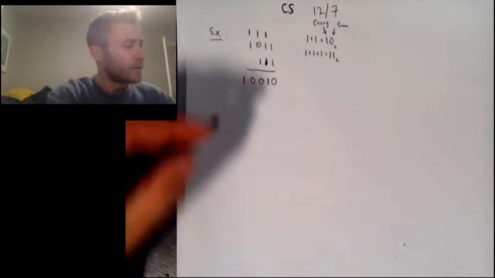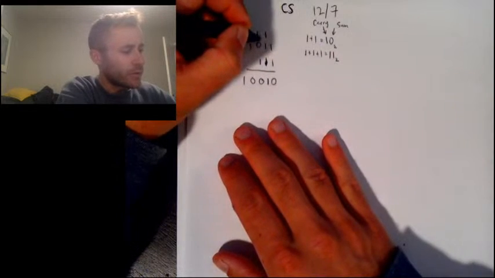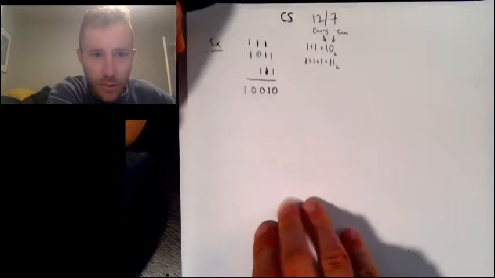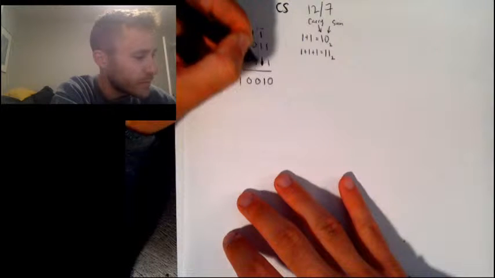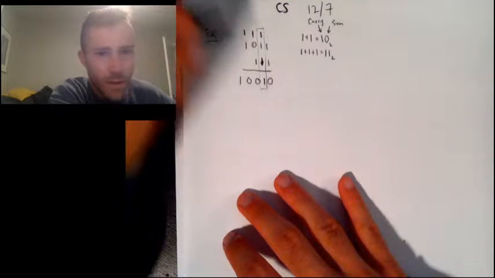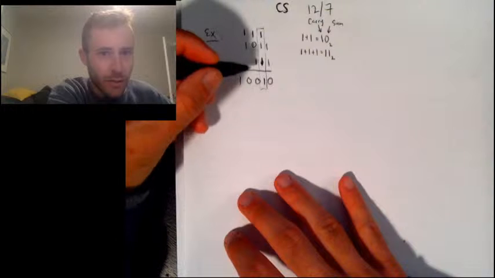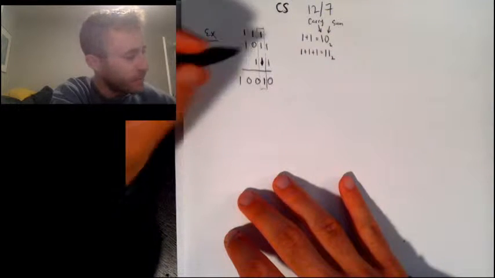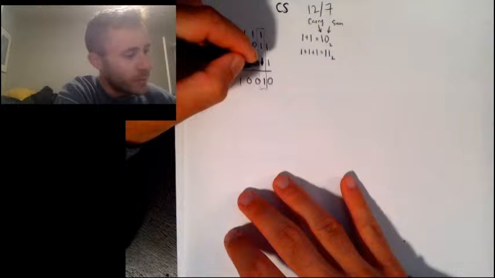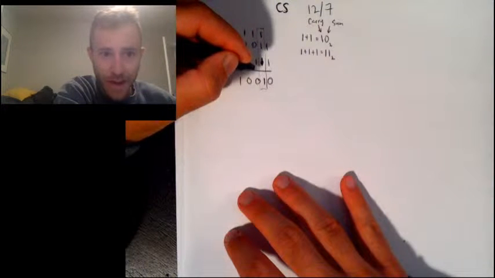So let's focus in on a single column of this. We have the bits from the two numbers we're adding.